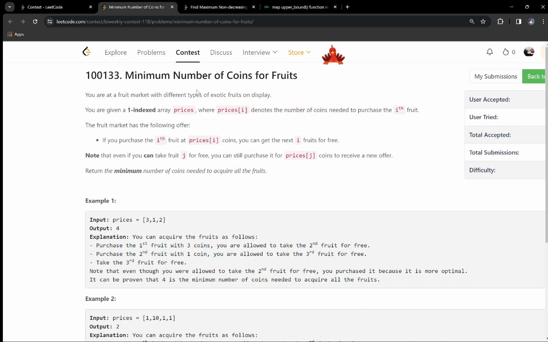If you purchase the ith fruit at the price of prices of I, you can get the next I fruits for free. Note that even if you take the fruit j for free, you can still purchase it for price j to receive the new offer. Return the minimum number of coins needed to acquire all the fruits.